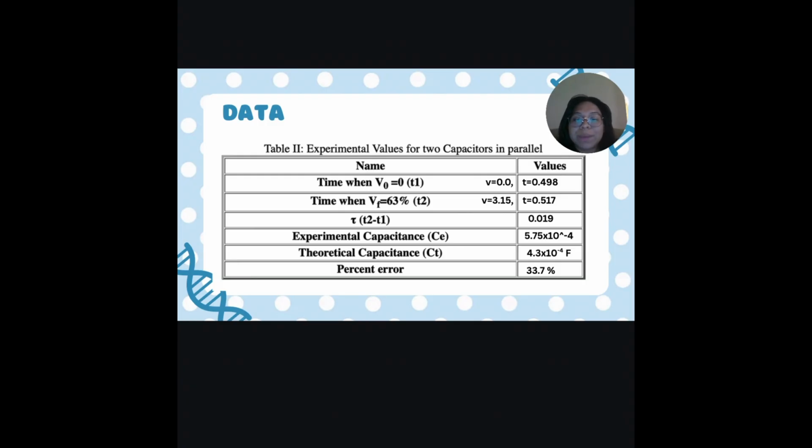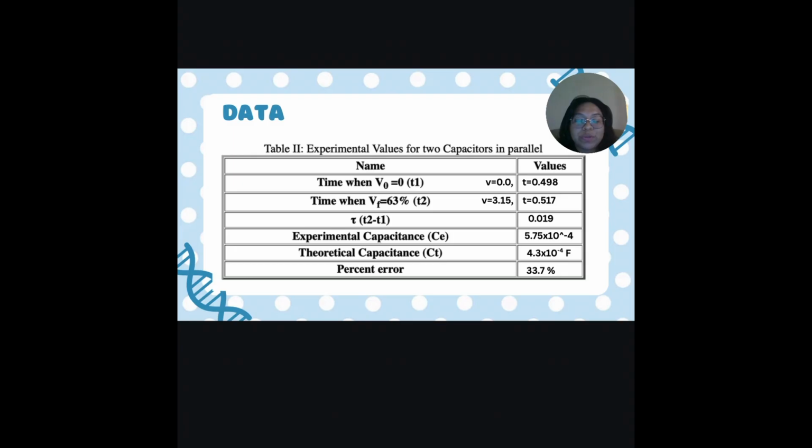For our theoretical capacitance, since our step 2 was connected with both capacitors in parallel, our theoretical capacitance would be equivalent to the sum of both capacitors. And that was 4.3 to the power of negative 4 farads.